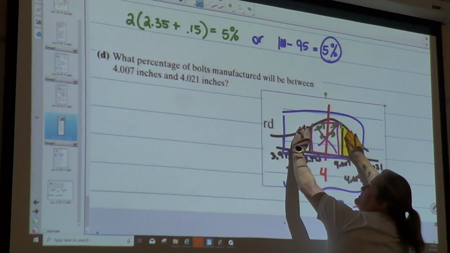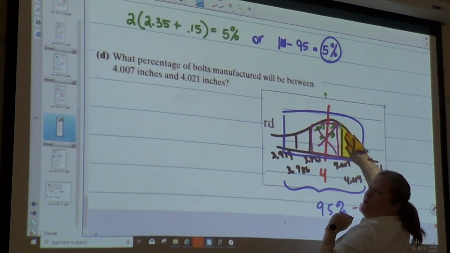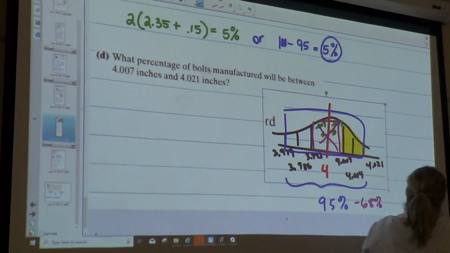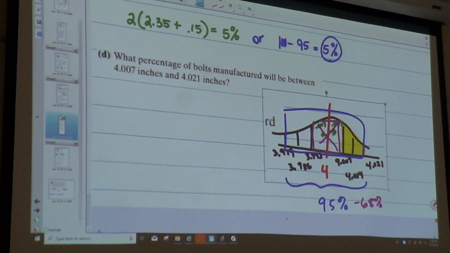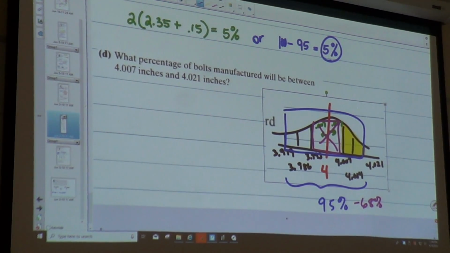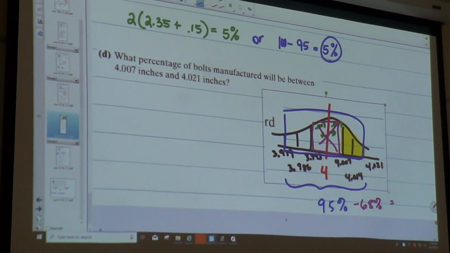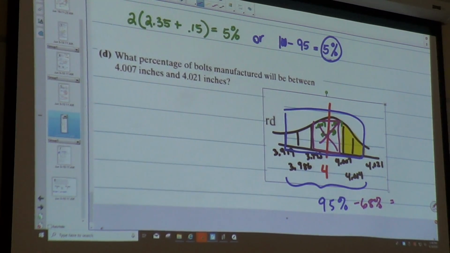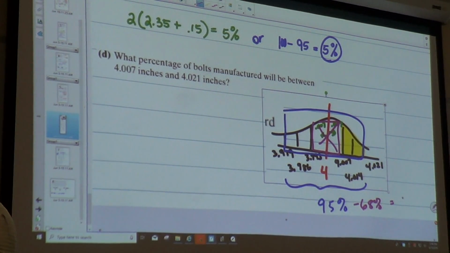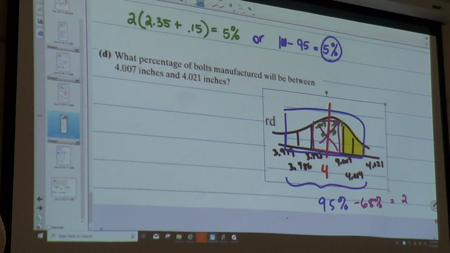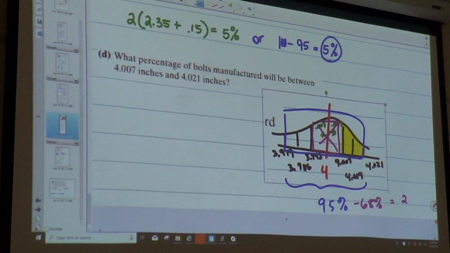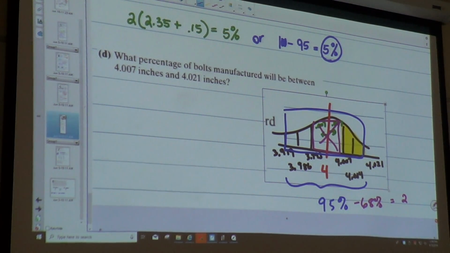Do I need both of these? I only need one. So what do we do with that answer? Divide it by 2. So that gives me something. What does that give me? 95 minus 68. 26. That's what I thought.